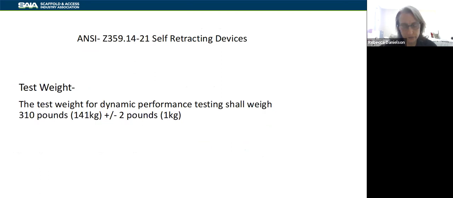The test weight, they had 282 and 300 in the previous standard, and they went to just straight 310 pounds for the test weight. You're going to see that start to be across the board, just so that we're keeping consistency between all the different sections of the fall protection standards.